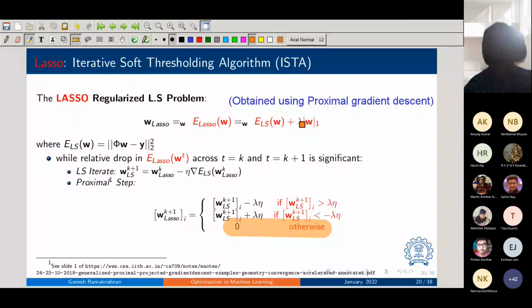So in the case of lasso, if your weight turns out to be between minus lambda eta and plus lambda eta, it'll be killed. It'll be suppressed, pushed to 0. That's how it's capturing redundancy.